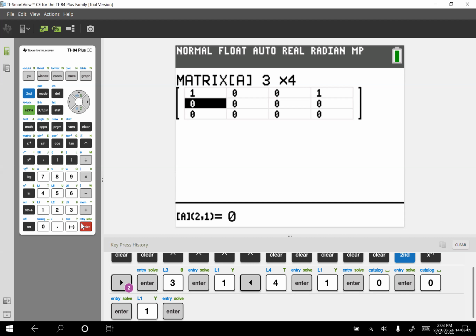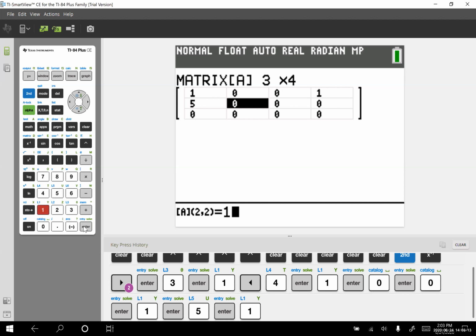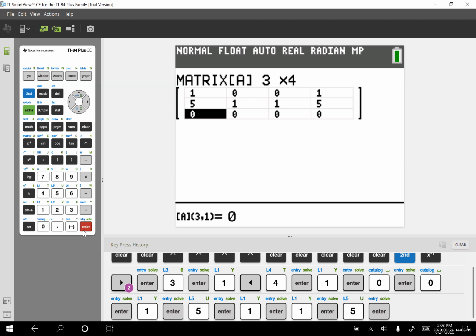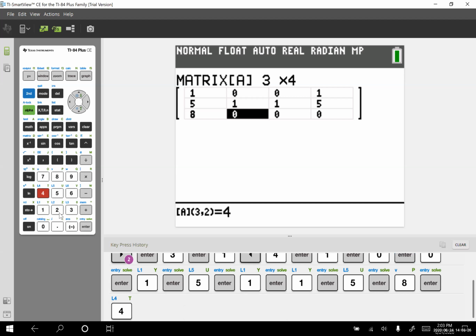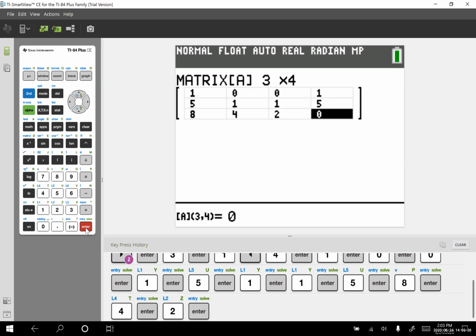Yep. Now I'm going to go 5, 1, 1, 5. Okay. Now I'm going to enter in 8, 4, 2, and then I think this was 10, right? Does that sound correct? Yeah, that was 10.